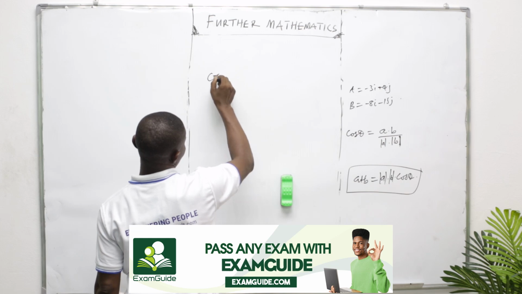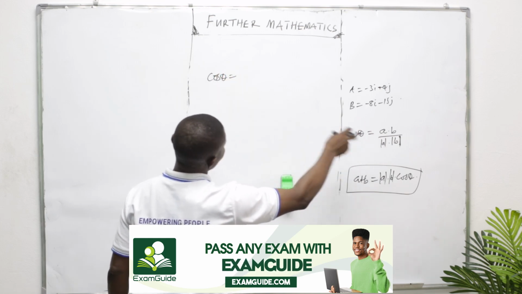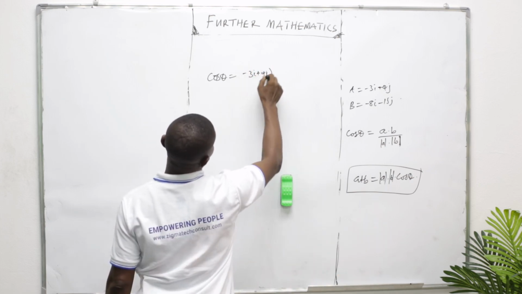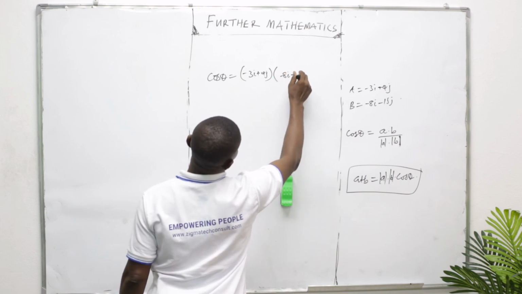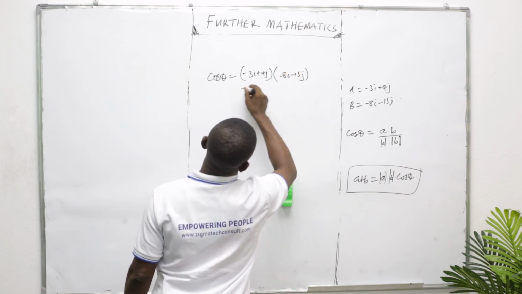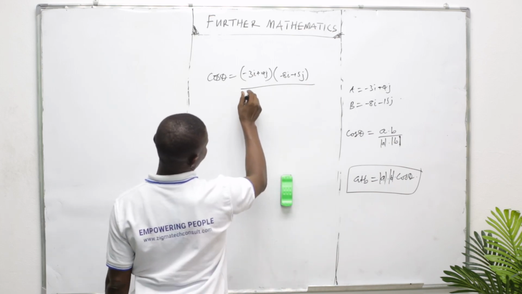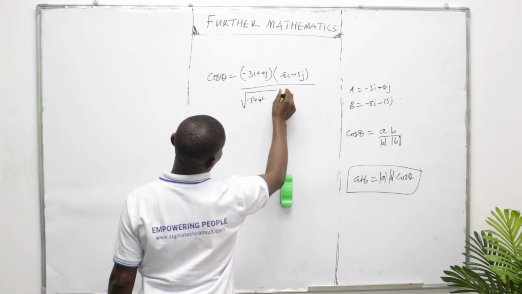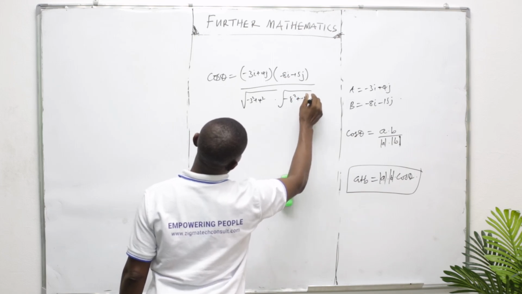The angle between, cos theta equals A dot B, meaning minus 3i plus 4j into minus 8i minus 15j all over the magnitude of this, that is minus 3 squared plus 4 squared dot minus 8 squared plus minus 15 squared.